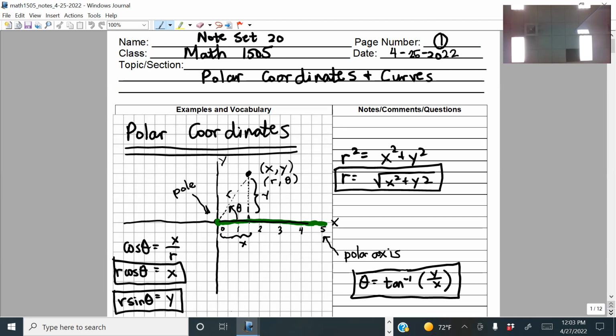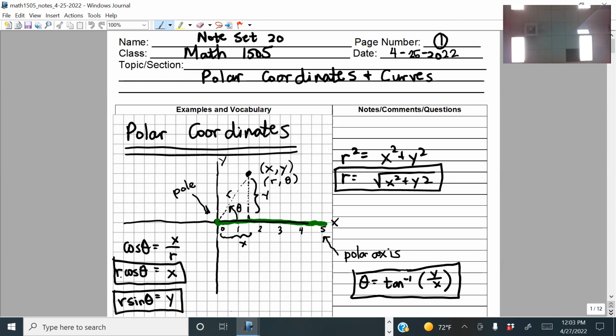So notice in this picture, the cosine of theta is going to be x over r. Remember, I called this hypotenuse r. So you get this equation, cosine of theta is equal to x over r. And now if you solve this for x, just multiply both sides by r, so you get this equation, x is equal to r cosine theta.